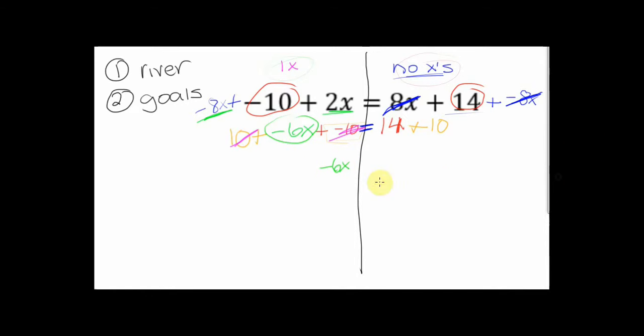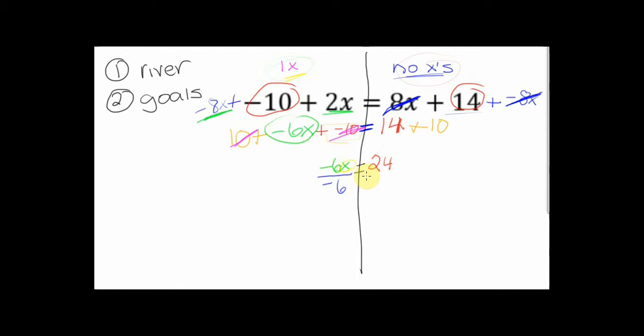On my other side of the equation, I have 14 plus positive 10, and I can add both of those. They're both like terms, and that'll get me 24. I still have negative 6x. My goal is 1x, and so to get x by itself, I'm going to divide out my negative 6 that's being multiplied to my x.